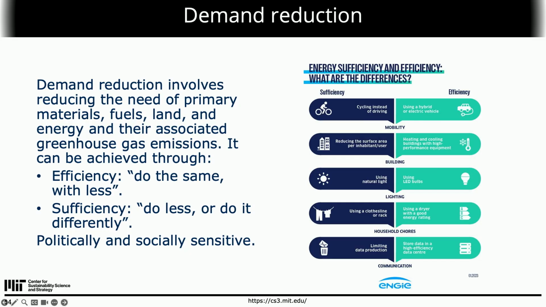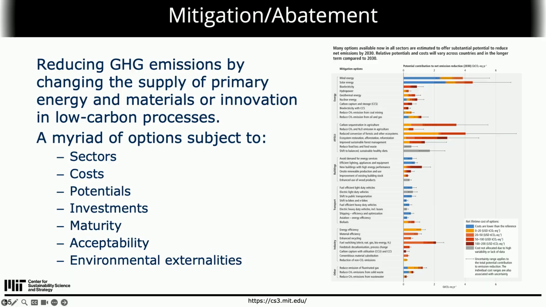Well, a different bunch of different examples to show the difference between efficiency and sufficiency, but basically efficiency is do the same with less, and sufficiency is do less or do it differently.